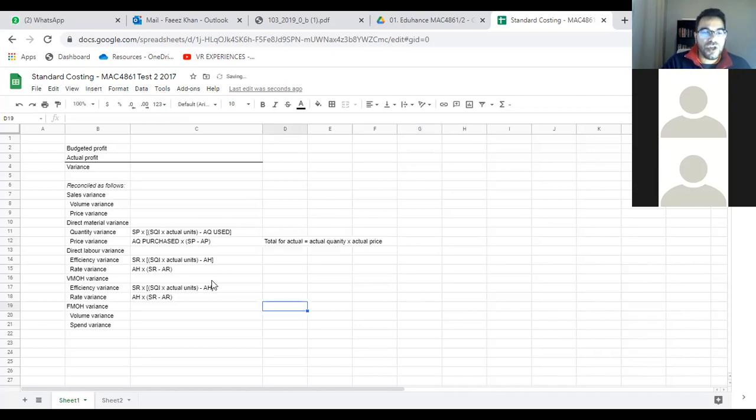So sometimes you need actual hours, which is actual quantity, but you are given the total, and you have to rearrange the formula to get the unknown. So just be aware of that.